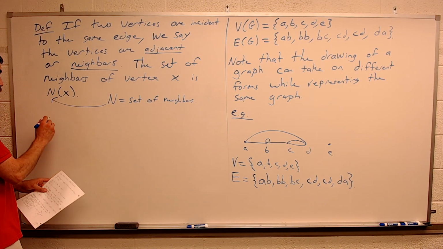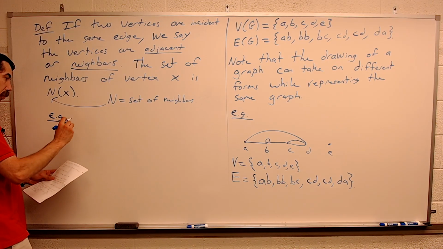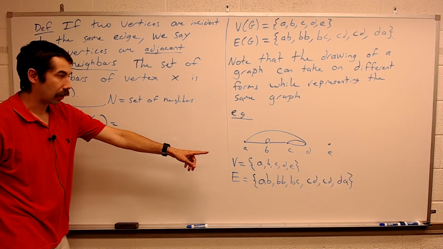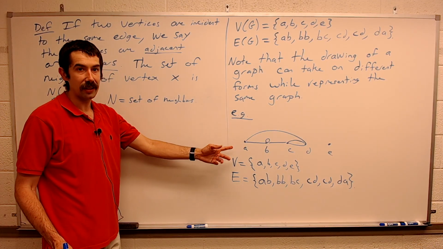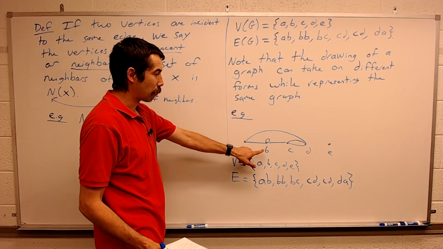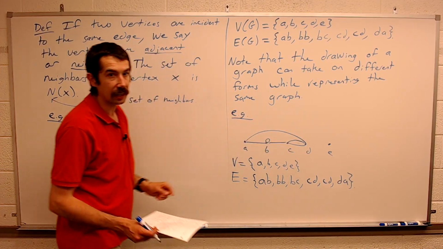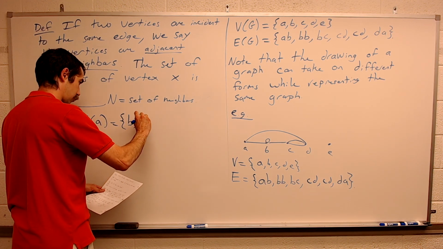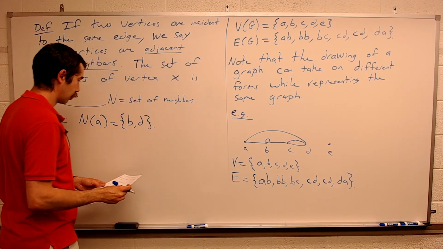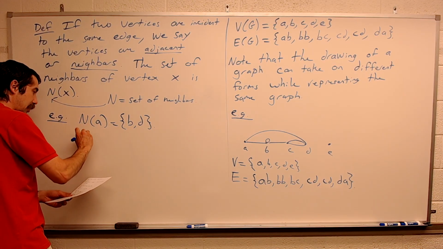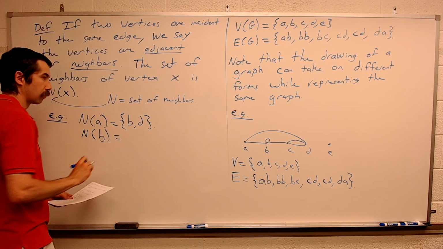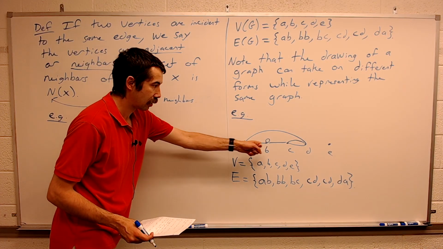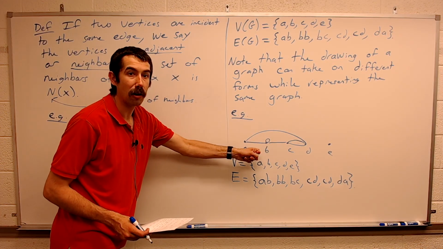So for example, the neighbors of A in our graph that we've been looking at, what vertices are neighbors with A? Well, that's B and also D. And then just a second example, the neighbors of B are A, C, and B is also its own neighbor.